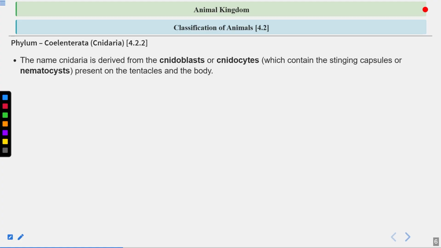The name Cnidaria is derived from the cnidoblast or the cnidocyte. This is a very special type of cell found in cnidarians, which contains the stinging capsule or nematocyst, present on the tentacles and the body.